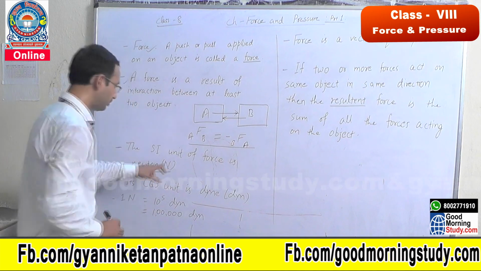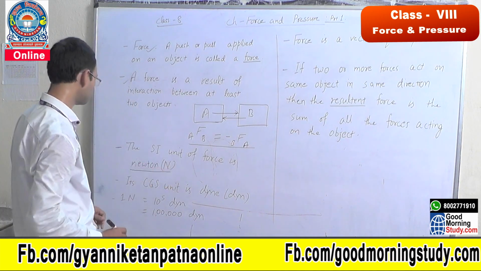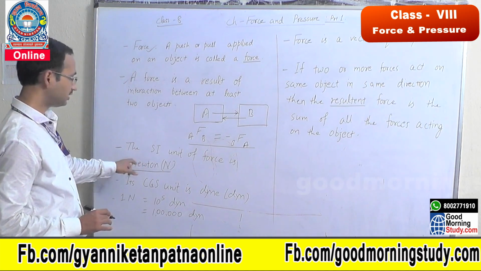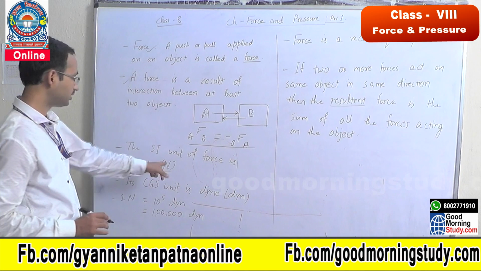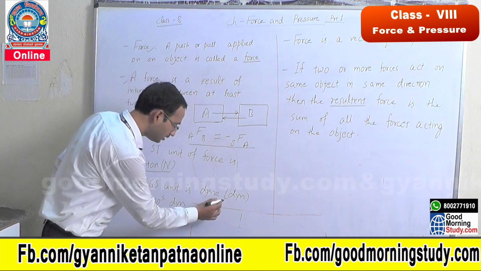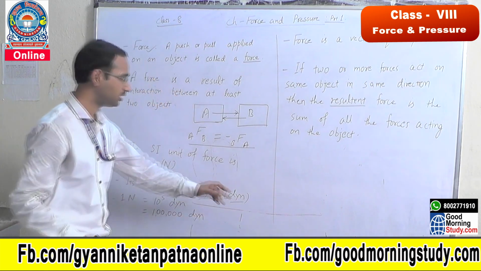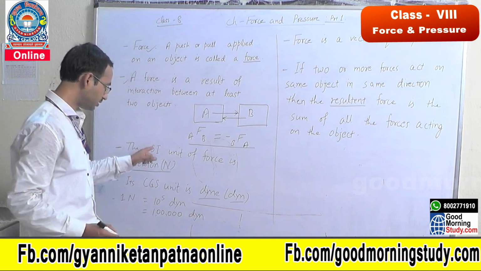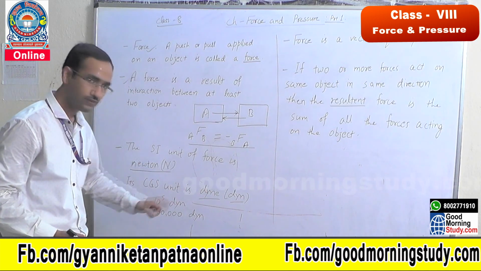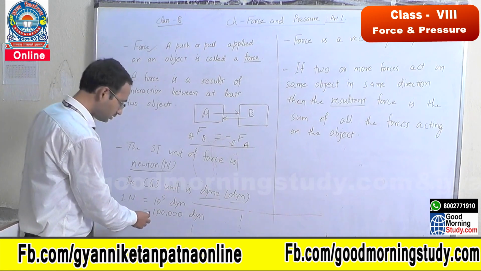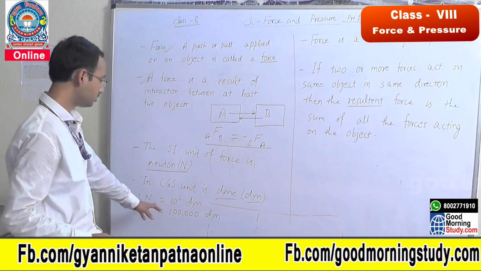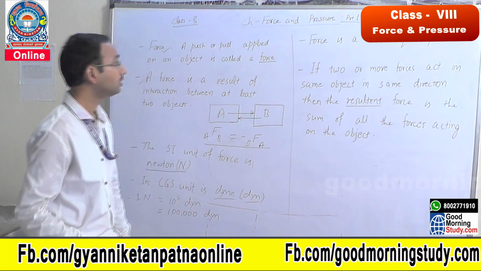Symbolically, the Newton is written with a capital N. When you write the unit name, it may start with a small n, but its symbol will be written with a capital N. Its CGS unit is dyne, symbolically written as dyn. The relation between Newton and dyne: 1 Newton is equal to 10 to the power 5 dyne. 10 to the power 5 means 1 followed by 5 zeros, that is 1 lakh dyne.